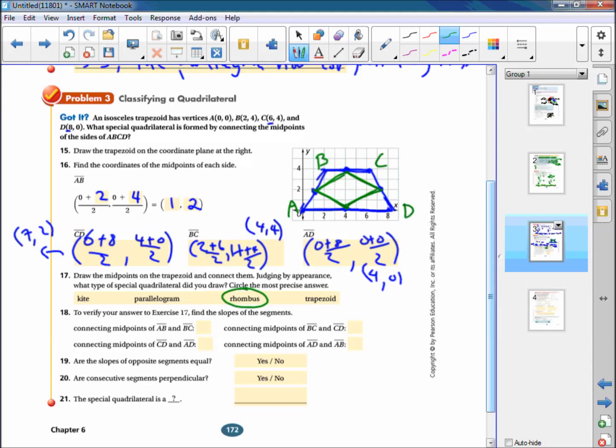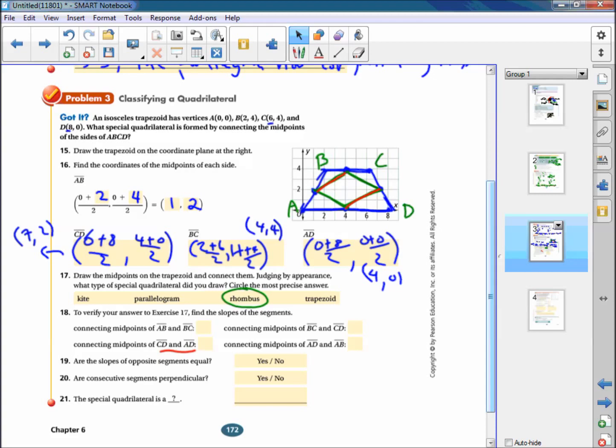And we want to find the slopes of the connecting midpoints of AB and BC. So I have to find the slope of this one. And I need to also find the slope of CD, connecting midpoint to AD. So CD and AD. So those two red ones.